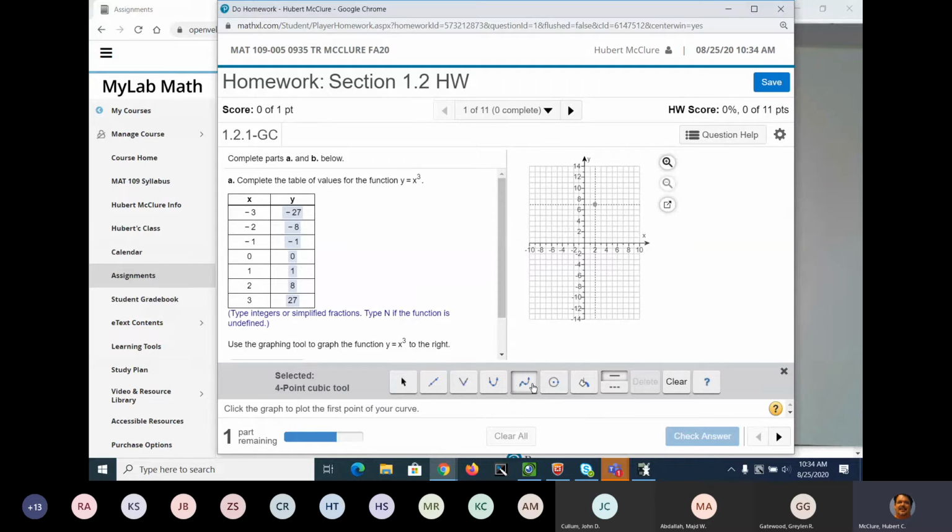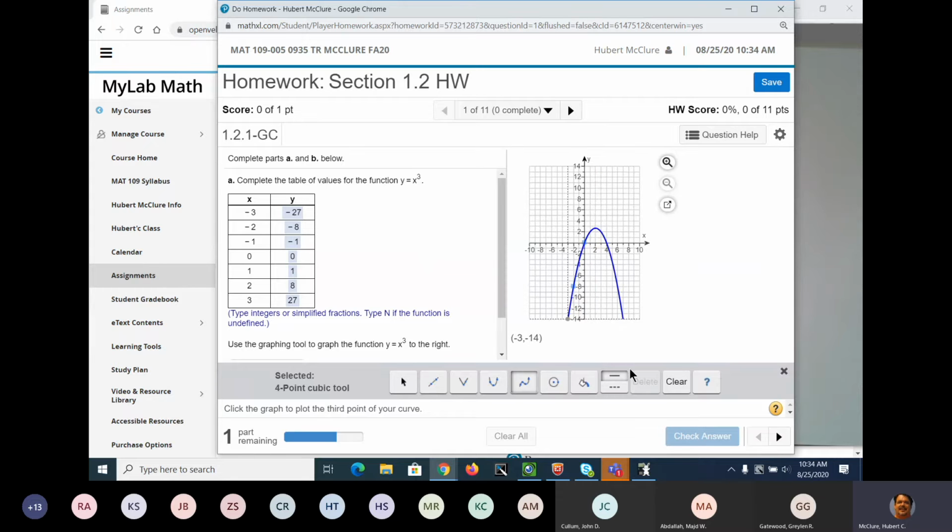All right. So negative 2, negative 8. 0, 0. Well, I did click the curve. Still not doing it right. 2 and 8. Okay, I don't know what I'm doing wrong. Oh, I know what I'm doing wrong. I forgot to do negative 1, negative 1.